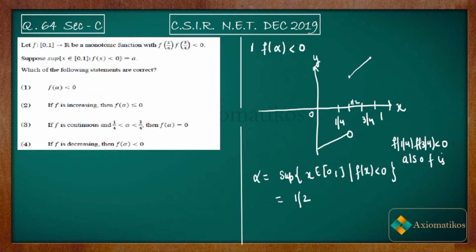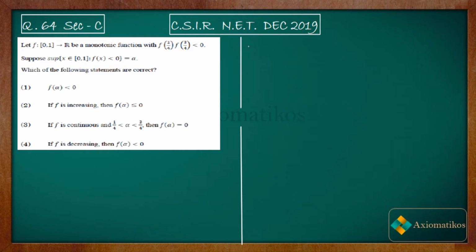F is monotonic. But f of alpha, that is f of 1 by 2, is greater than 0. So option 1 is incorrect.